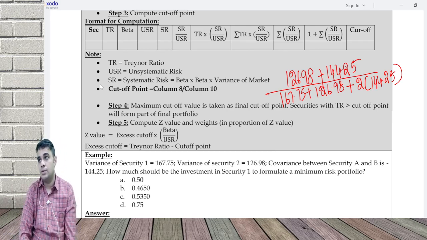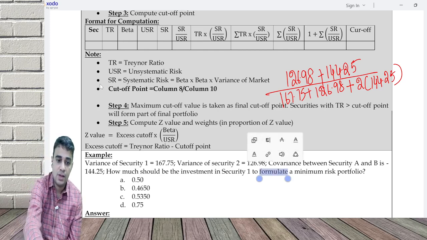How much? 0.4650. Once you have done this, I am done with this question.